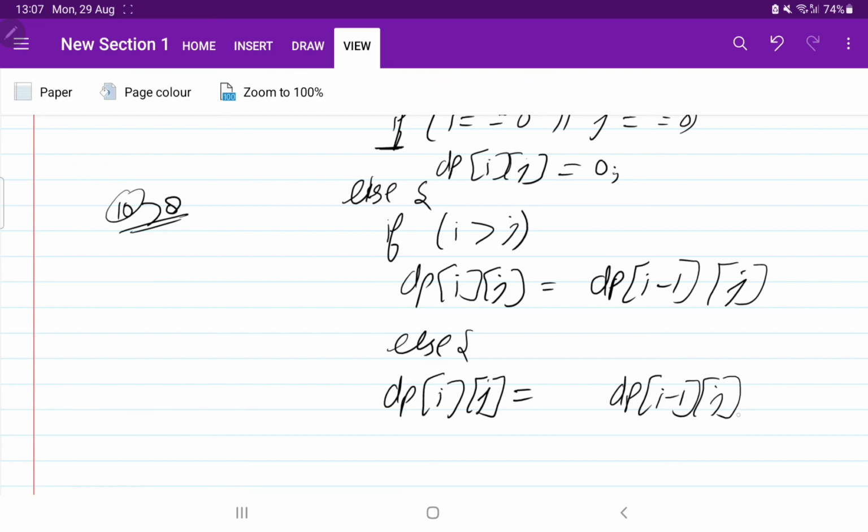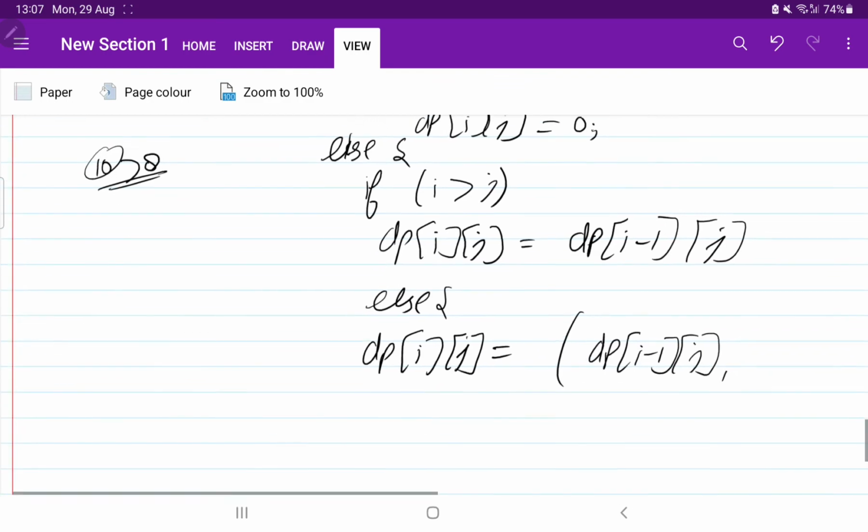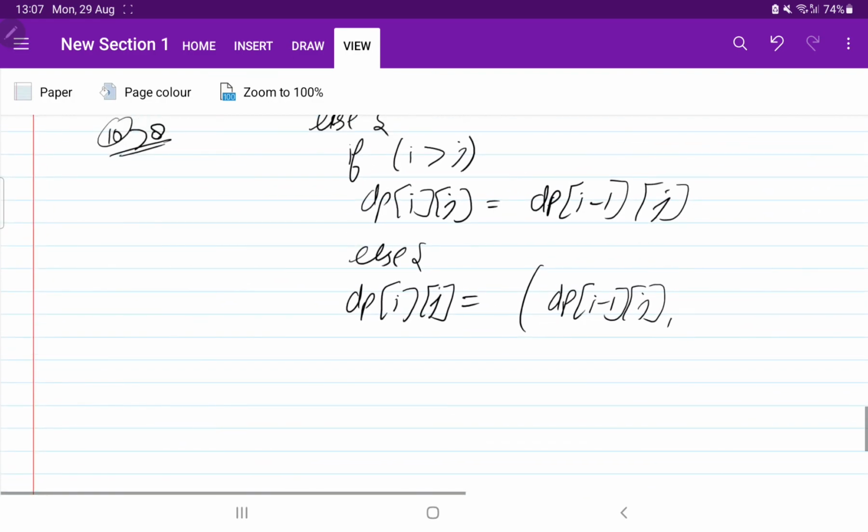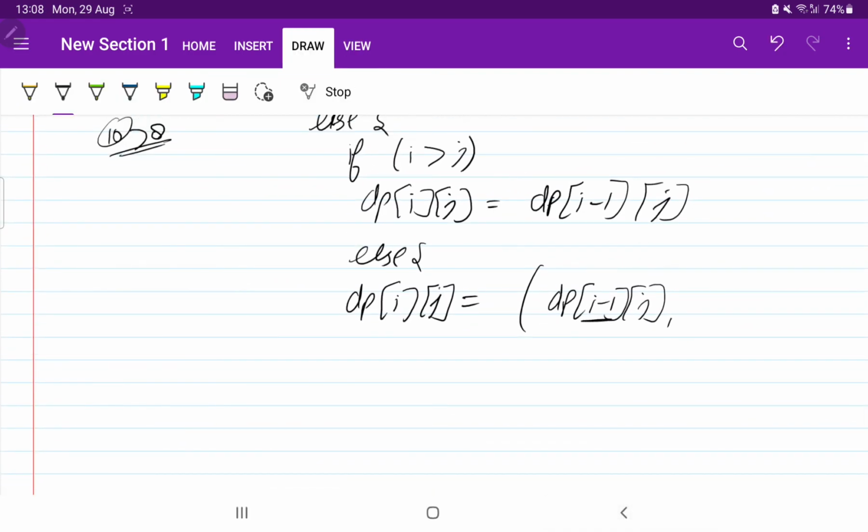Simple, right? But if you are going to select it, i minus 1 means we are taking the decision one step back. But if you select it, it will be i only, because we can again come and take a decision here. And now the maximum length will be reduced, so j minus i.